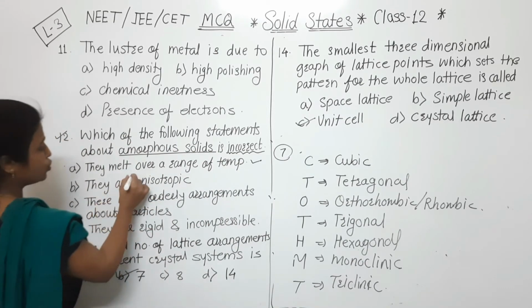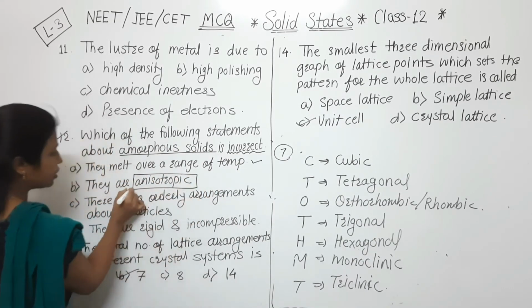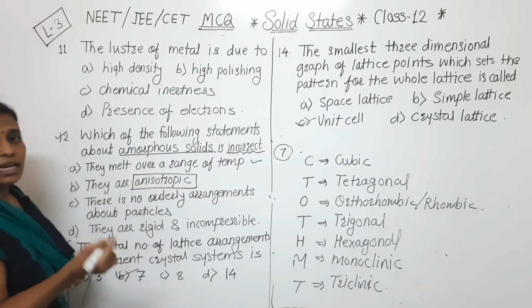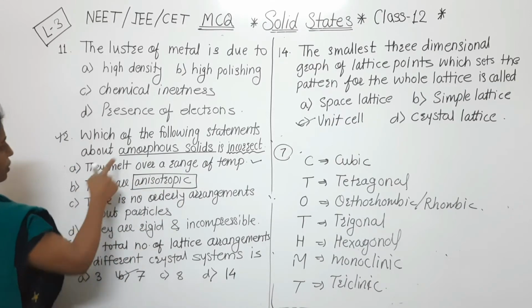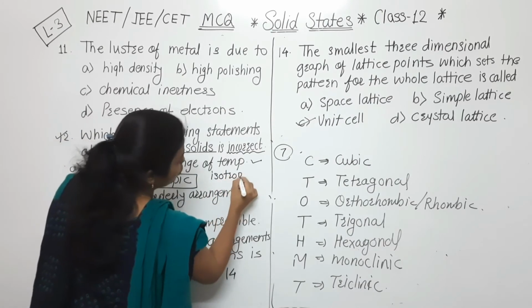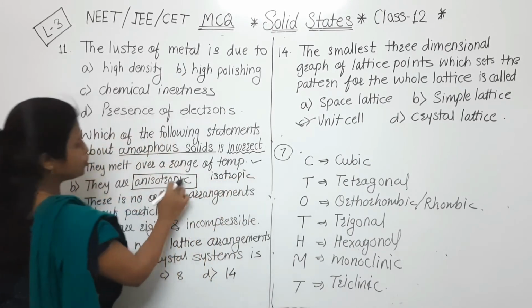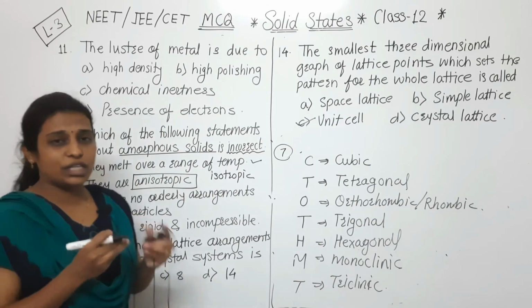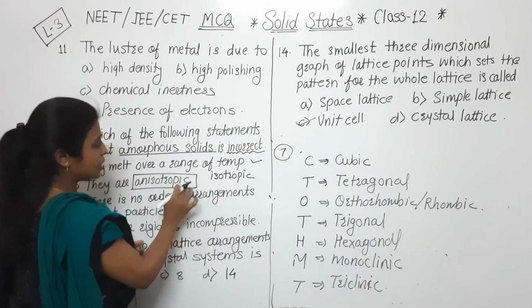They are anisotropic. This is not correct, because crystalline solids are anisotropic, but amorphous solids are isotropic. Isotropic and anisotropic are related to each other. How are these related?